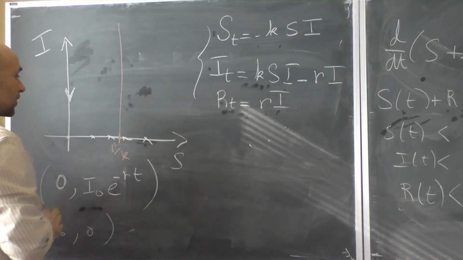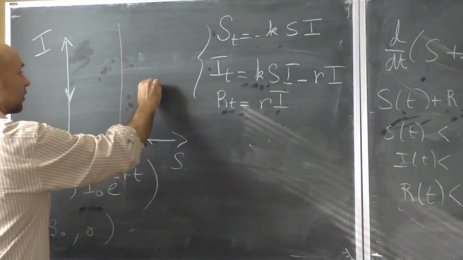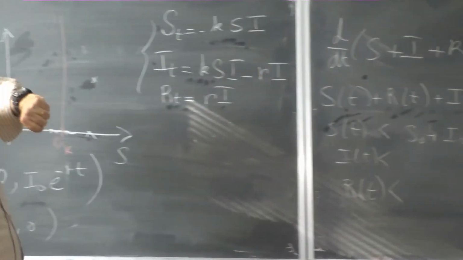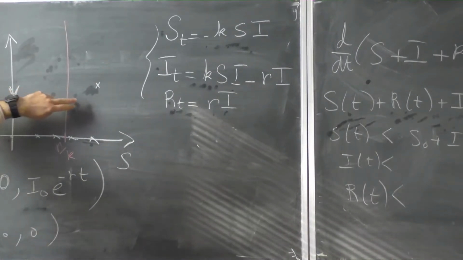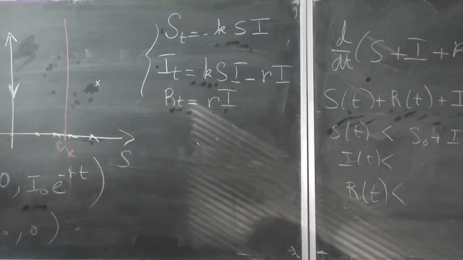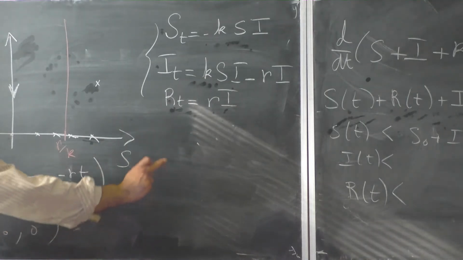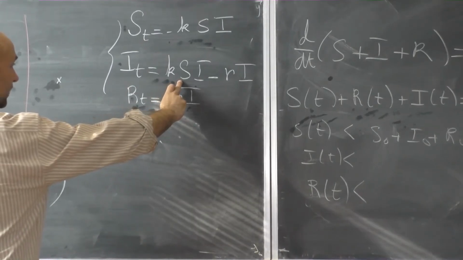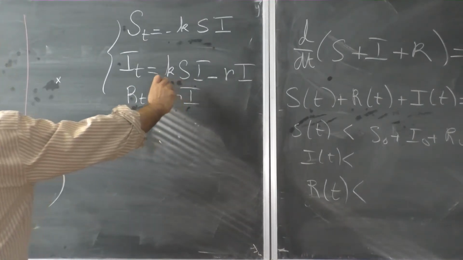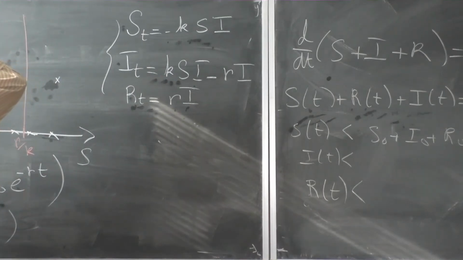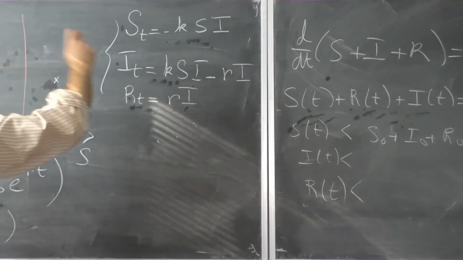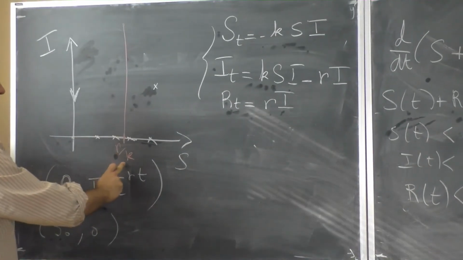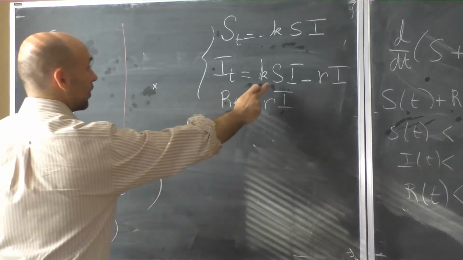So if I start with an initial condition here, so note that this quantity is Ks minus R. If S is greater than R over K, then this quantity is positive.